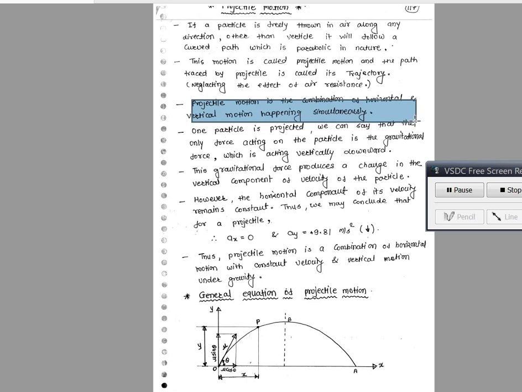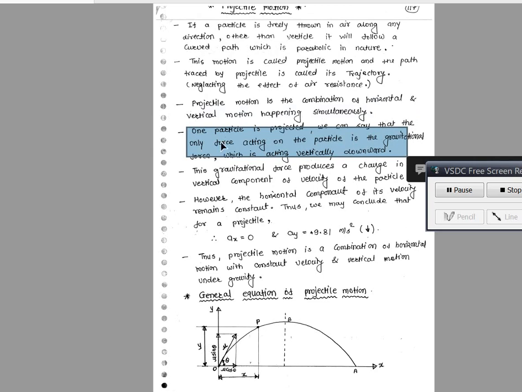The ball is traveling in the air, covering horizontal as well as vertical distance simultaneously. It means that projectile motion is the combination of horizontal and vertical motion, and both motions happen simultaneously.